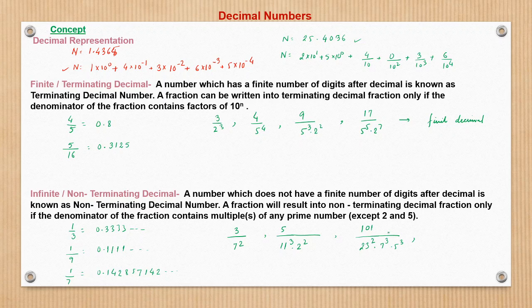So the basic concept is if the denominator has only powers of 2 or 5 or the combination of 2 and 5 only, then only that fraction will be a finite or terminating decimal. Otherwise, if it contains powers of any other prime number, it is certainly going to be a non-terminating decimal. So these were the basic concepts.